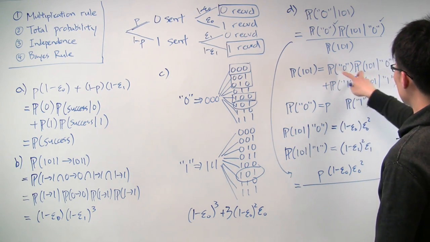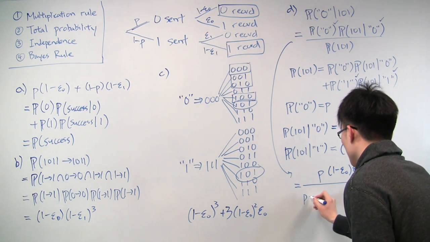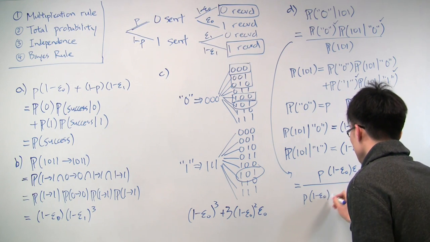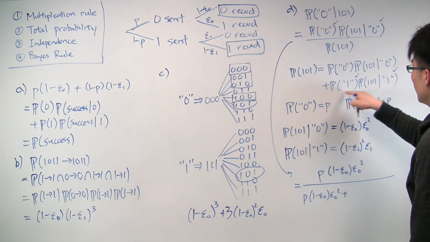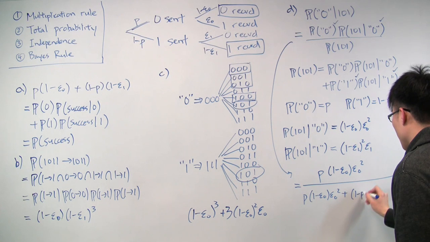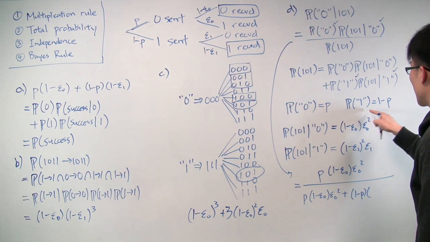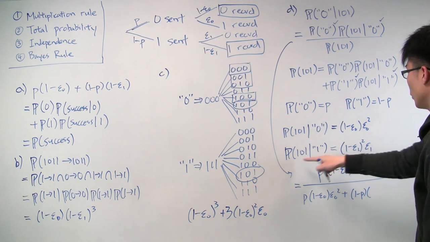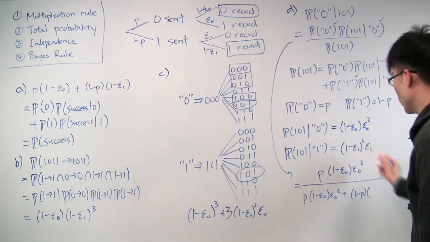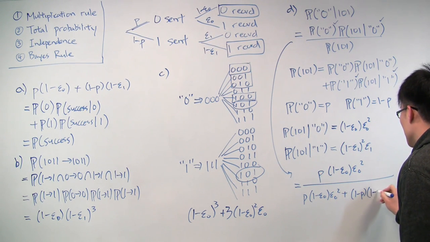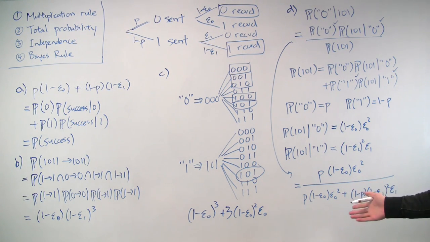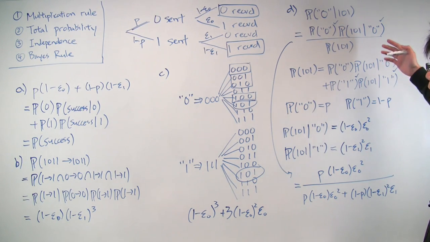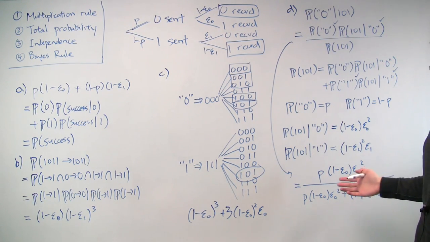The same term appears again in the denominator, plus the other term, which is the probability of 1 times the probability of 1, 0, 1 given 1. So that is (1 minus epsilon 1) squared times epsilon 1. So that is our final answer, and it's really just an application of Bayes' rule.